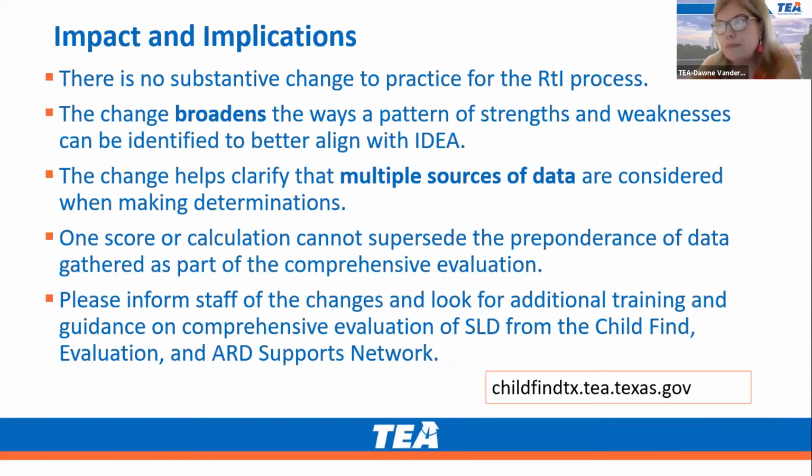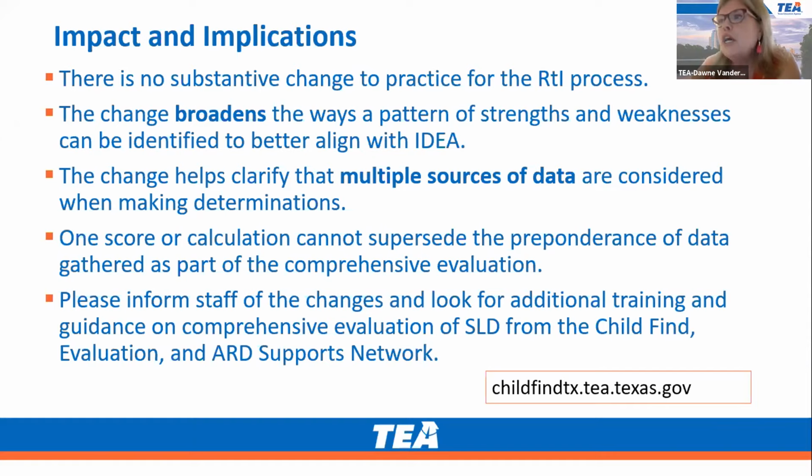The second bullet, the change broadens the ways a pattern of strengths and weaknesses can be identified to better align with the idea. The use of a pattern of strengths and weaknesses has broadened. Previously, when a significant variance was applied, the use of a pattern of strengths and weaknesses was narrowed beyond the intent of federal regulations.